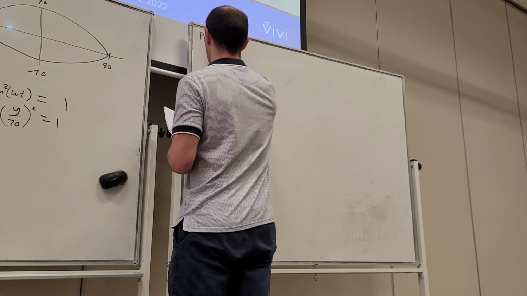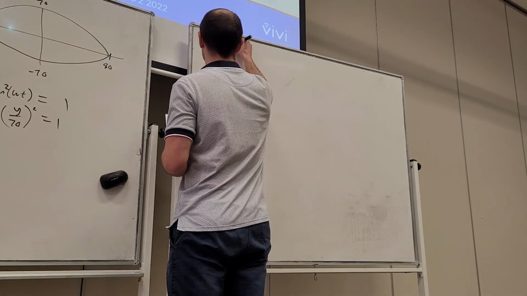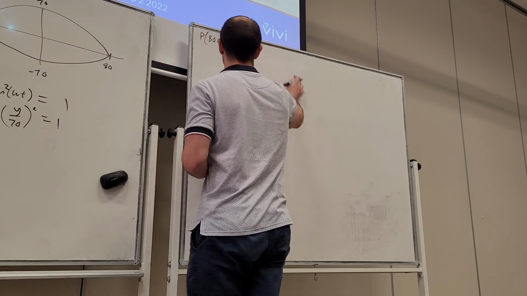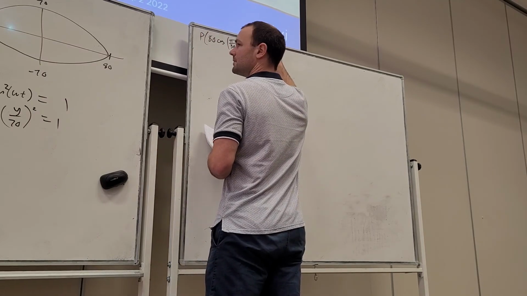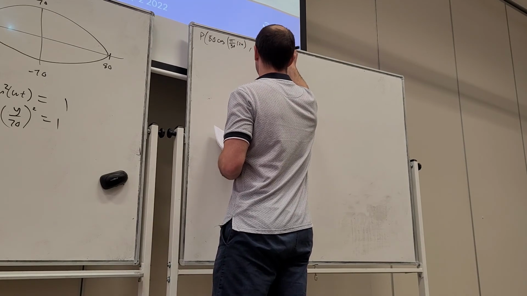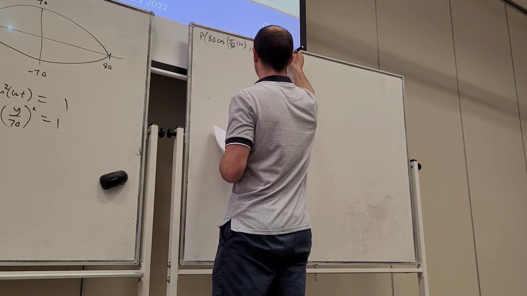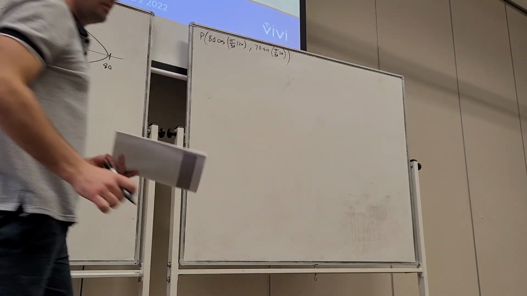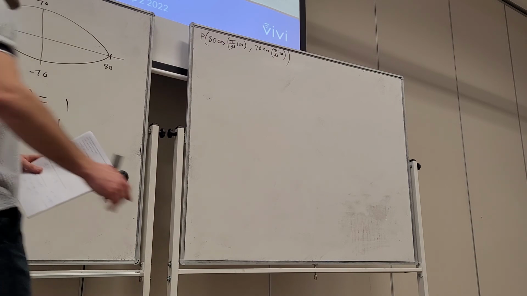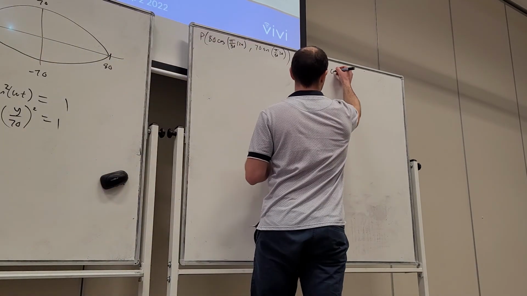So we're going to have 85 cos, now w is pi on 30 times 20, and 70 sine pi on 30 times 20. That's it when we perform the substitution. And pi on 30 times 20 is 2 pi on 3. So it does simplify, and we have cos of 2 pi on 3.